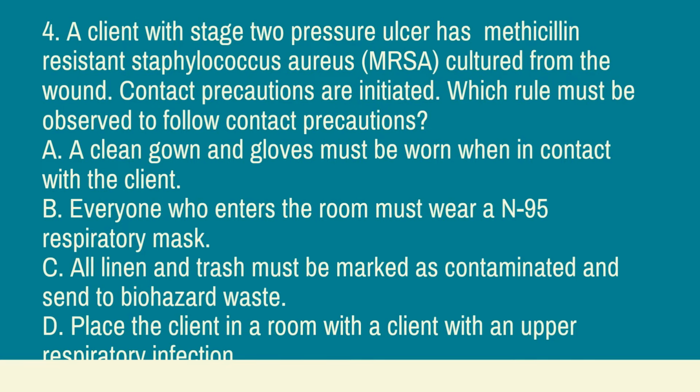C, all linen and trash must be marked as contaminated and sent to biohazard waste. And D, place the client in a room with a client with an upper respiratory infection. So here the correct answer is option A, a clean gown and gloves must be worn when in contact with the client.